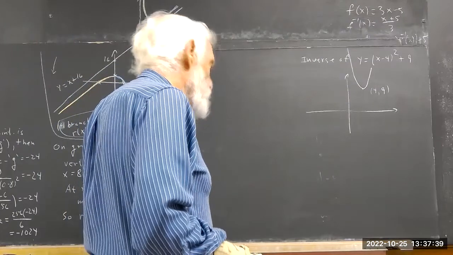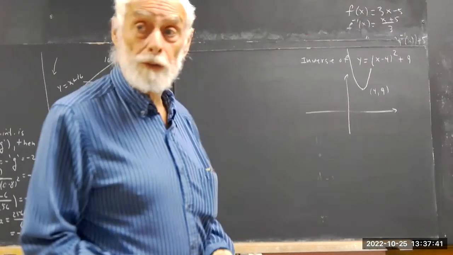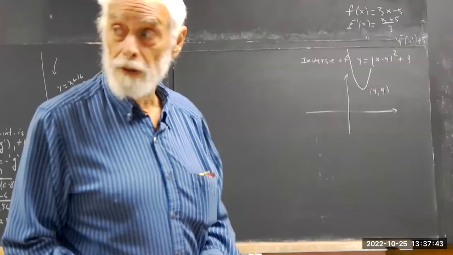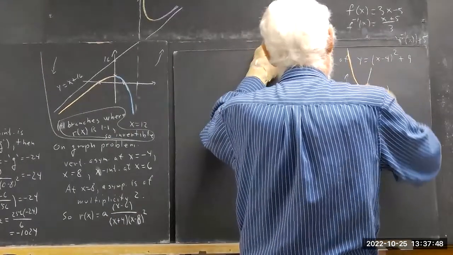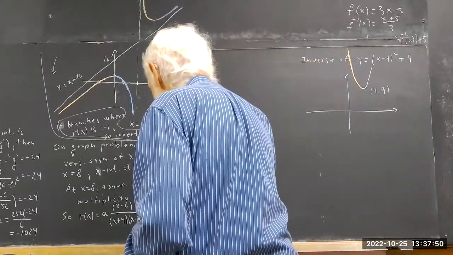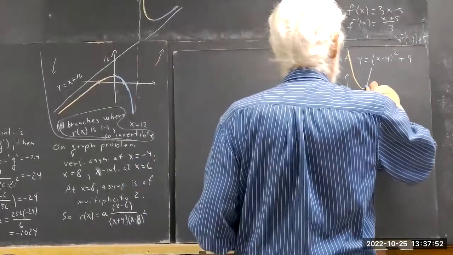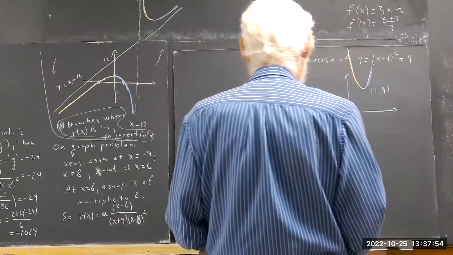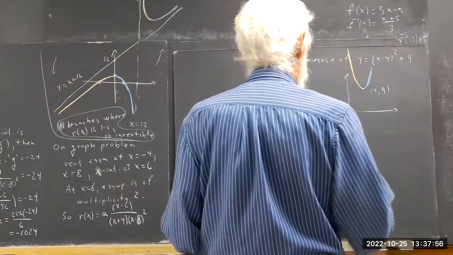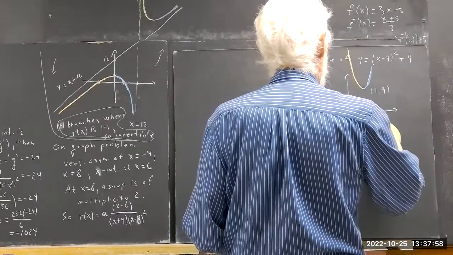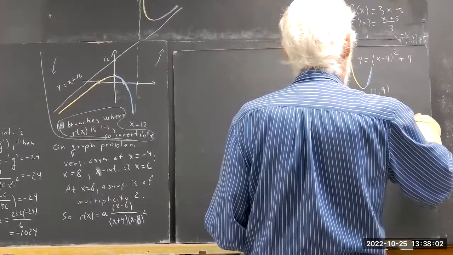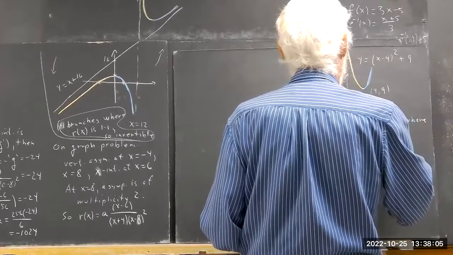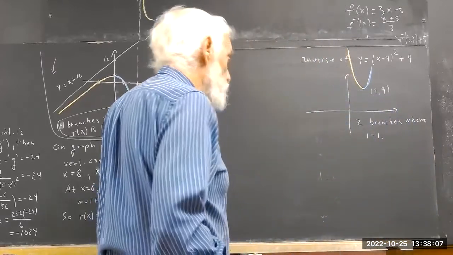Well, this graph has 2 branches, doesn't it? There's a branch. Here's a branch. The branches for this function are 1 to 1.